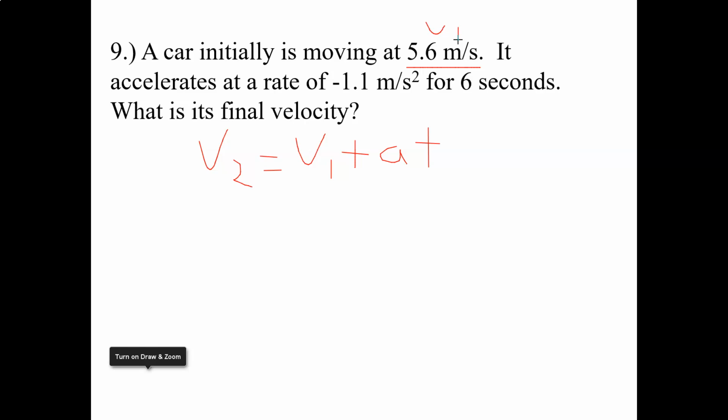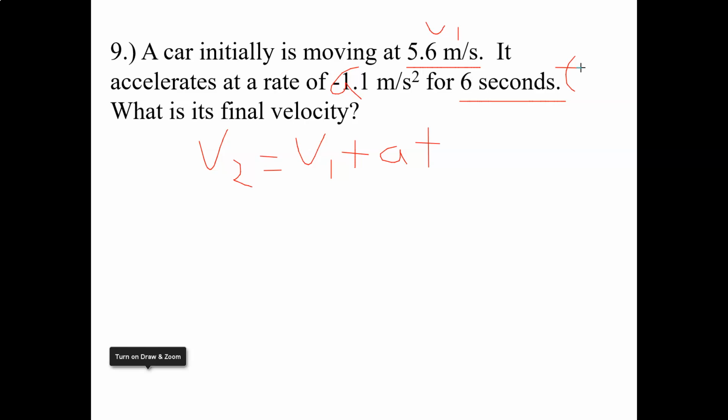It tells us that we're accelerating at a rate of 1.1 meters per second squared, so that's my acceleration, because the units are that of acceleration. So that is my a. And then for 6 seconds, that's my t. And we're looking for v2. That's the reason I want to use this form of the equation: v2 equals v1 plus at.